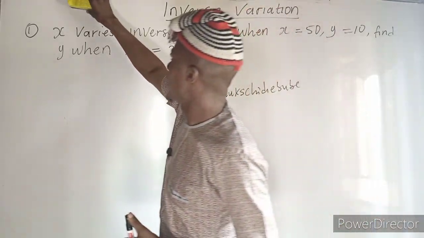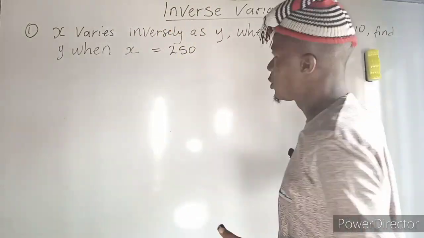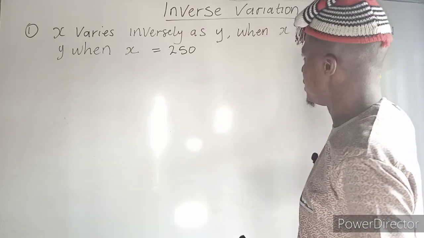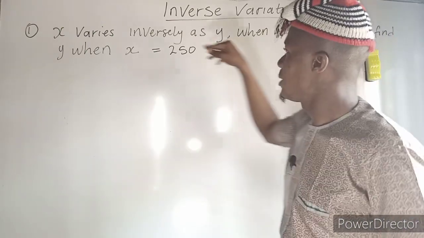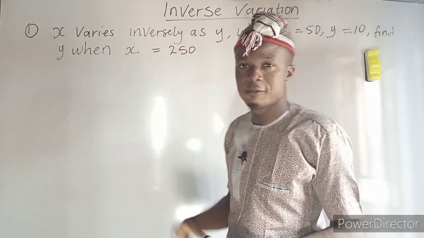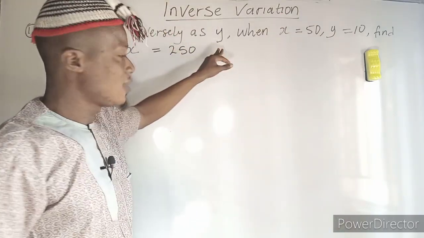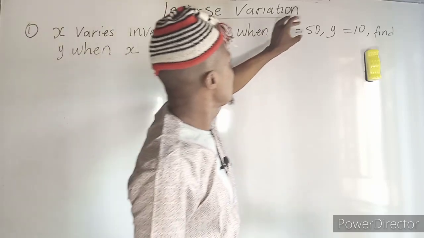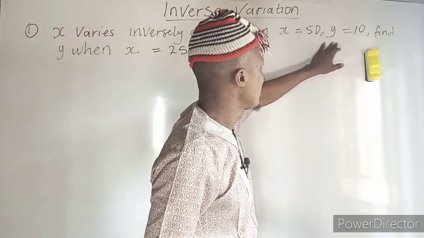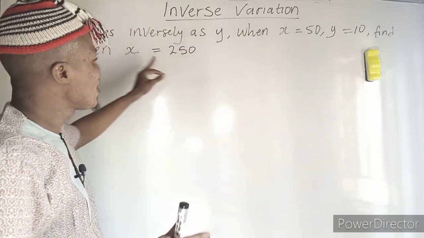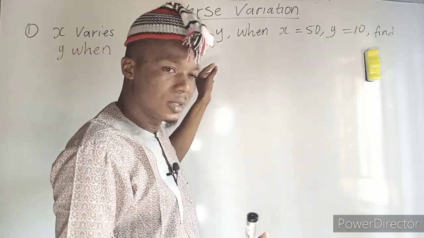Okay, so now let us take this particular question here: x varies inversely as y. When x is 50, y is 10. Find y when x equals 250. So they told us here that x varies inversely as y, that when this quantity x is 50, y is 10. They now want us to find what y will be when x now increases to 250.